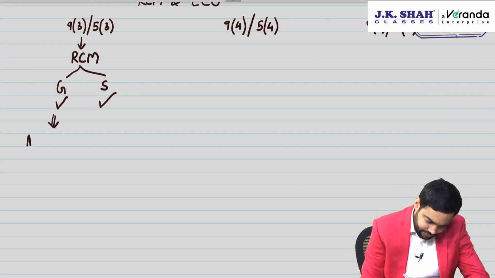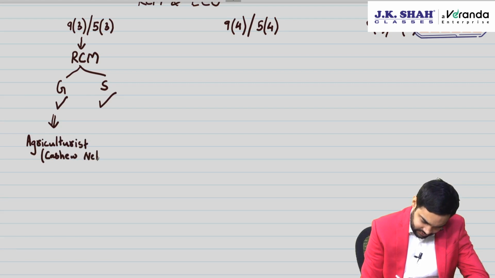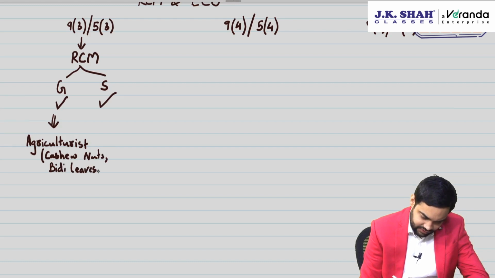Now first the law talks about an agriculturist who is supplying cashew nuts, BD leaves, that is tendu leaves, then you have tobacco, and last one raw cotton.